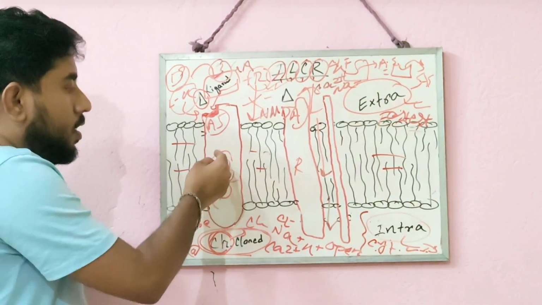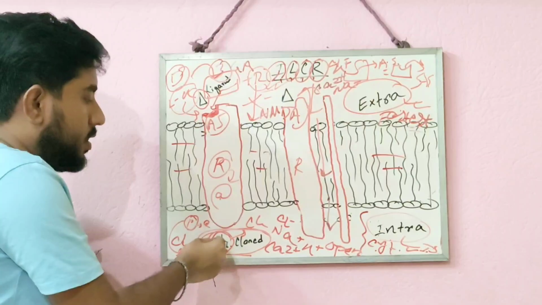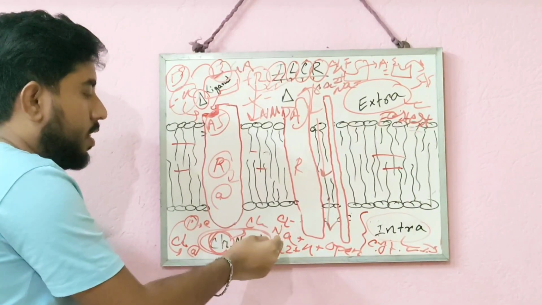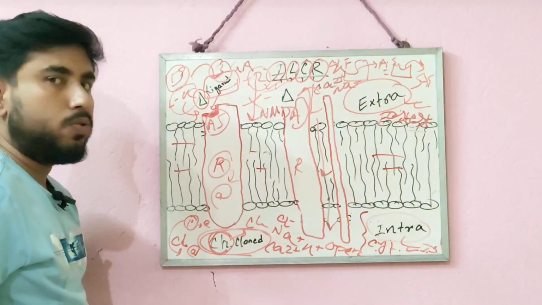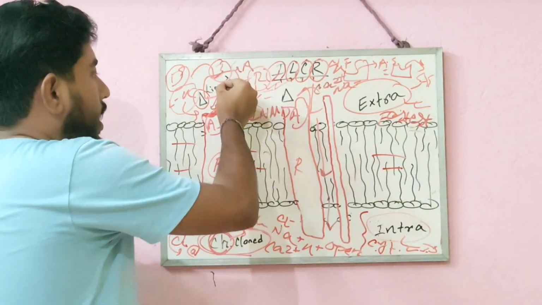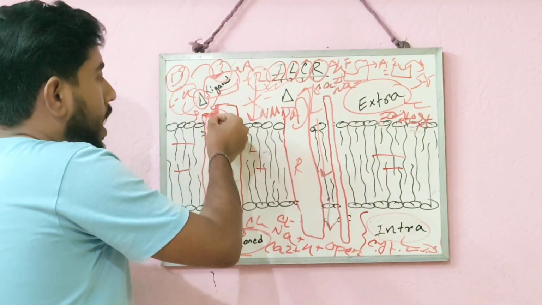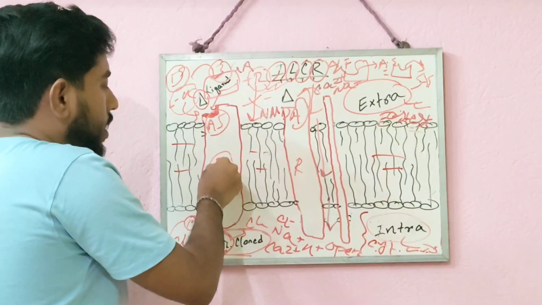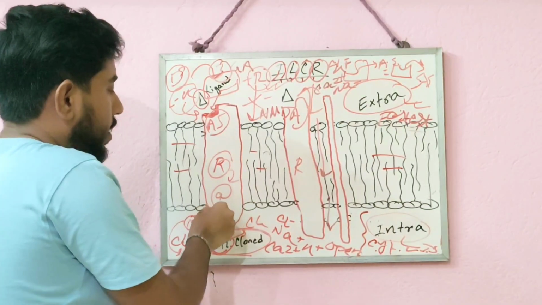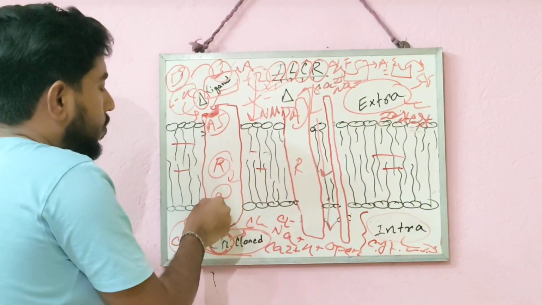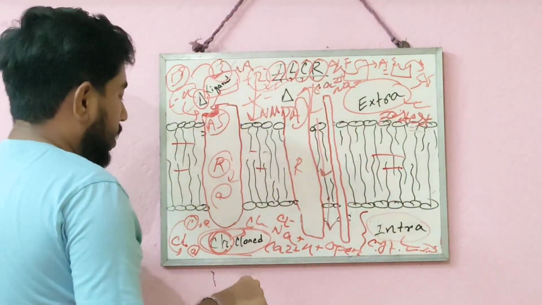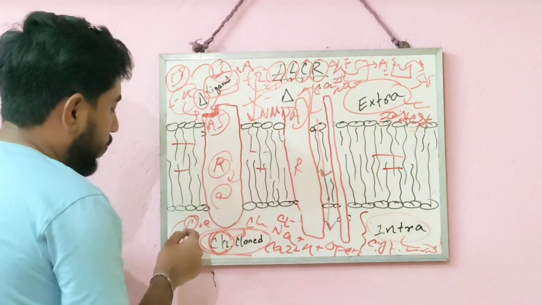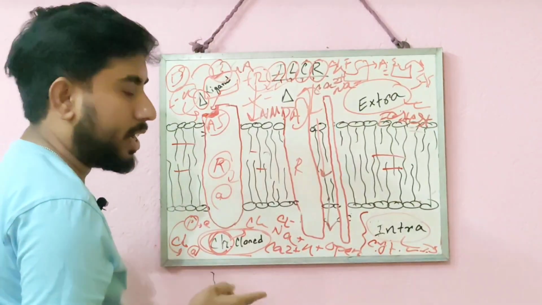So in brief, I am now telling how the ion ligand channel is going to work. When the receptor is in steady form, the calcium, potassium, and sodium channels are closed, and the receptor is inactive. When the ligand comes and binds to the allosteric part of the receptor, that receptor is activated. Then the activation of the receptor promotes changes in the configuration of the protein, and that protein also gets activated.